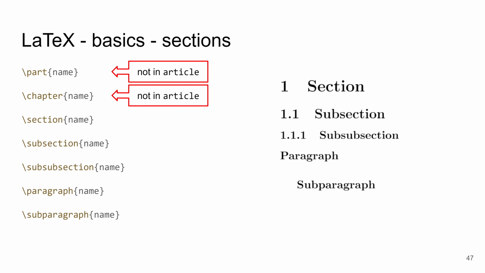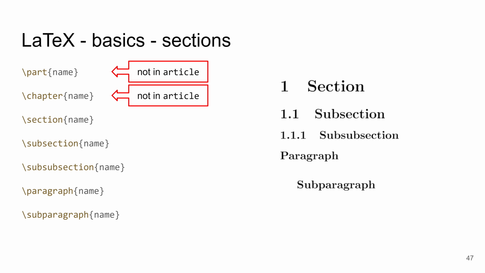Now you may want to structure your text into parts, and LaTeX as such has seven different levels of sectioning the text. The highest level is part, then chapter, section, subsection, subsubsection, paragraph and subparagraph.